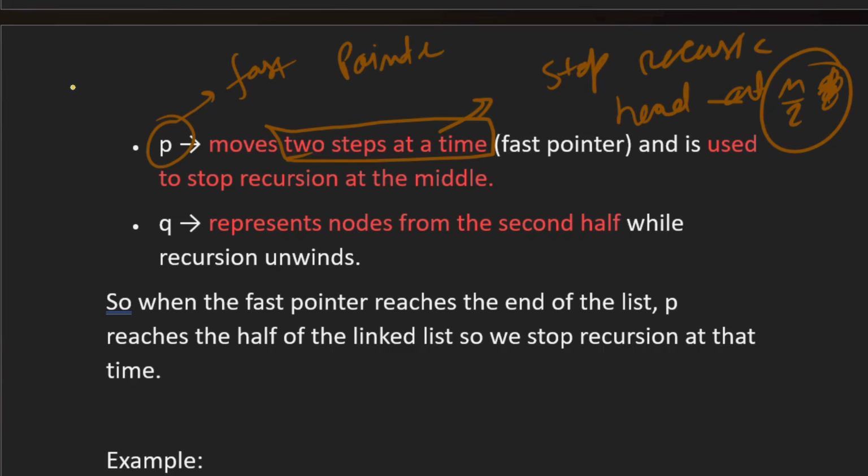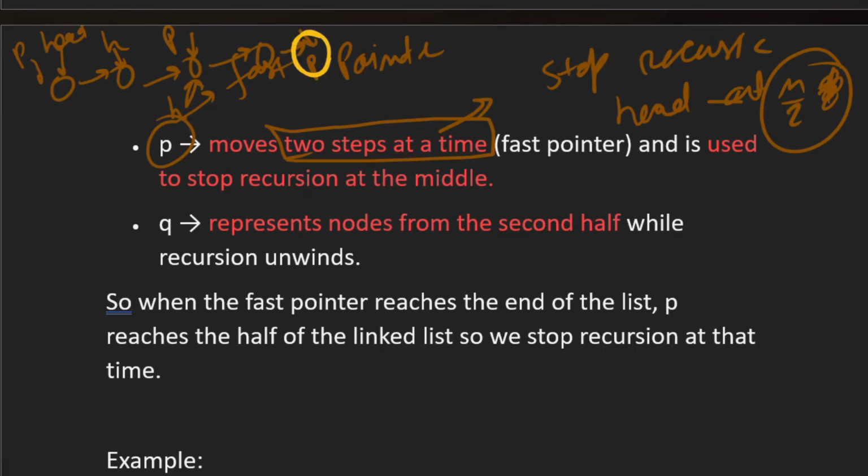So suppose we have a linked list having four nodes. Initially our P and head are both at 0. Then in the next iteration our head will come here, and our P will come here, because it is moving two steps at a time. Then in the next iteration our head will go here, and our P will point here at the null pointer.